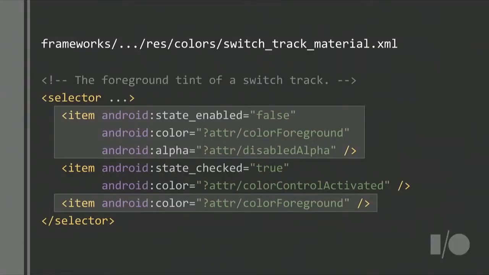So let's dig into the XML for this. The switch track is defined as a rounded rect shape. Again, we don't really use PNGs. And it points to a color state list for its tint. In the enabled state, this is going to be a dropped alpha. In the disabled state, this is going to inherit the disabled alpha from the theme, which varies based on light or dark theme. And it's going to use the foreground color.